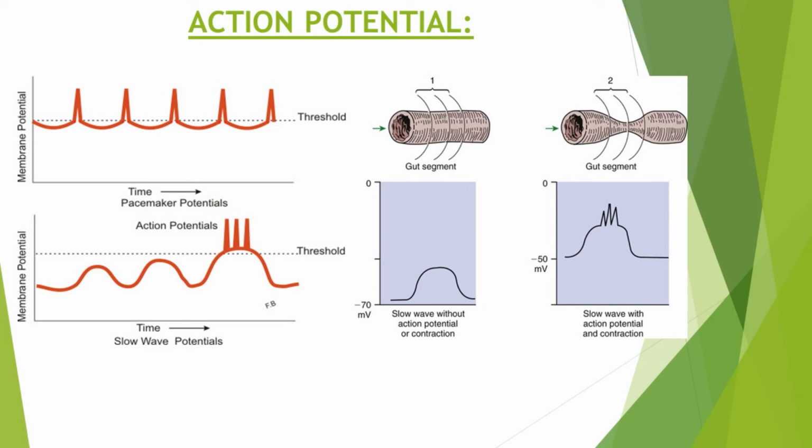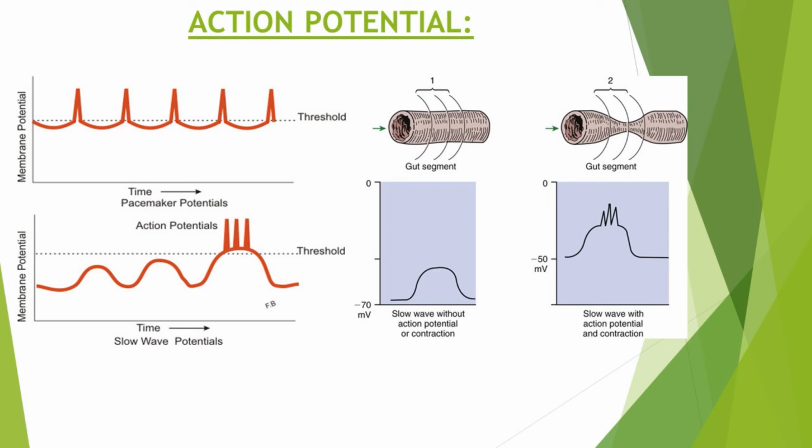But when the depolarization reaches above minus 55 millivolts, then the neuron will fire an action potential. So this value of minus 55 millivolts is the threshold potential. If the neuron does not reach this critical threshold level, then no action potential will fire.